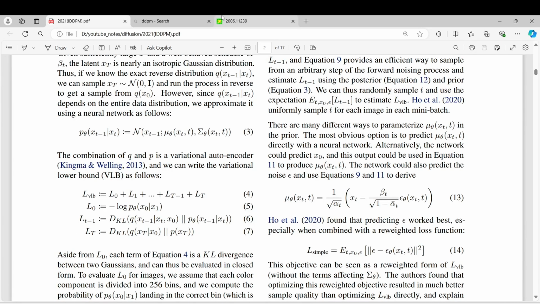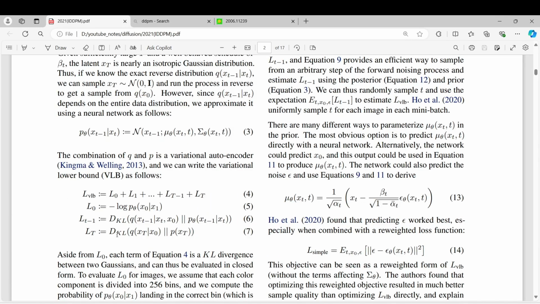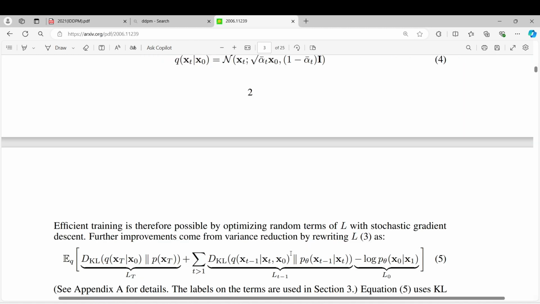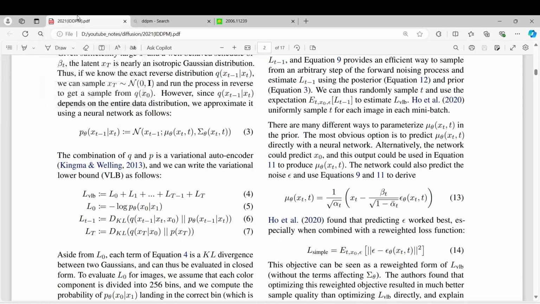If you optimize this starting from here, we get this term. So VLB is the overall term here. VLB contains L0, which we know, as here, and L_{t-1} is this, and L_T is this.